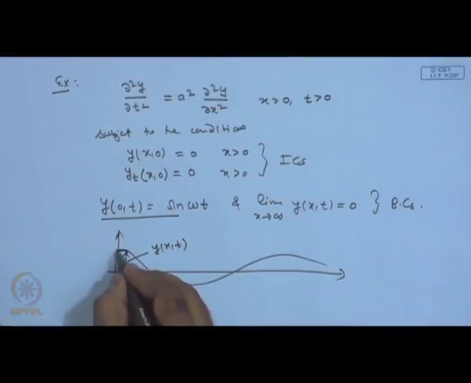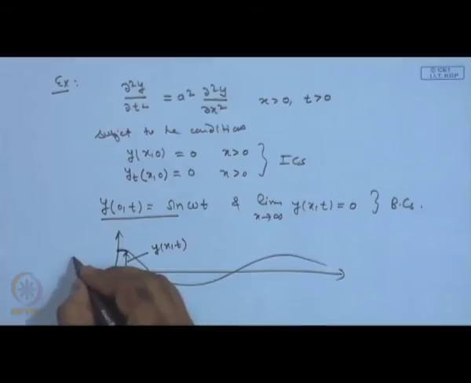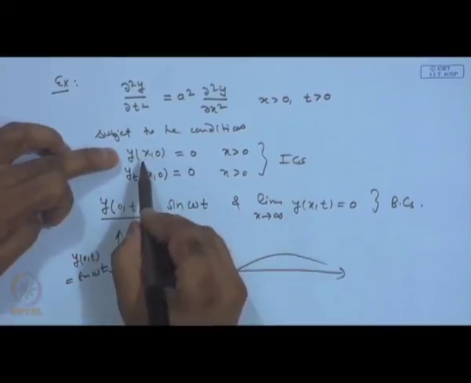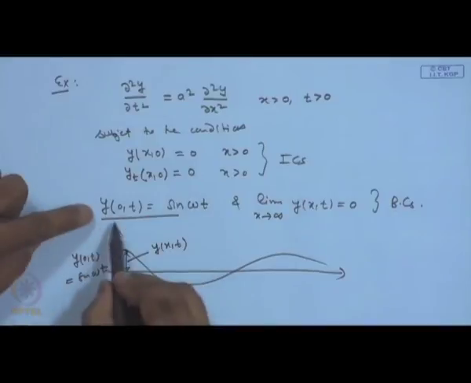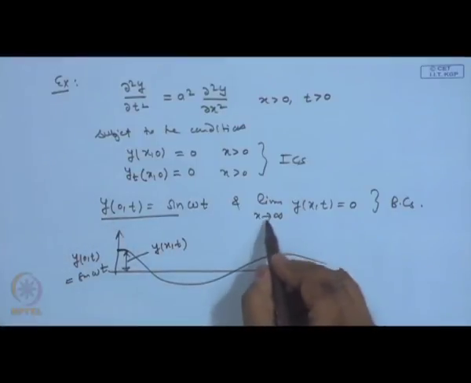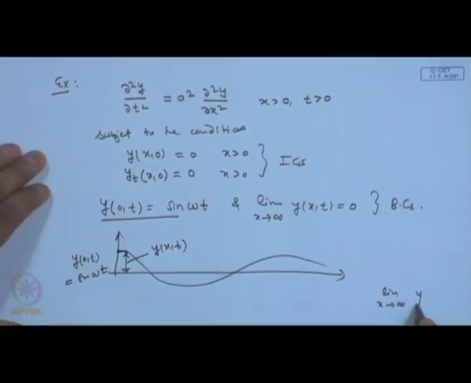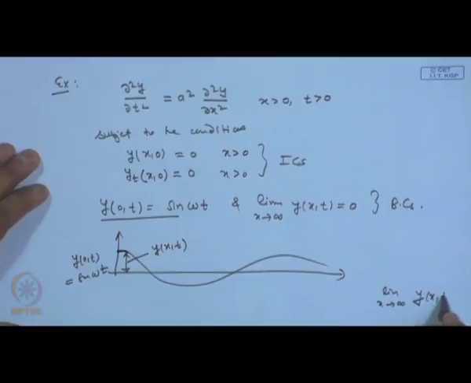So, at this end of the string we are moving with the function y 0 t is equal to sin omega t, and as x approaches infinity, the limit y x t is 0.